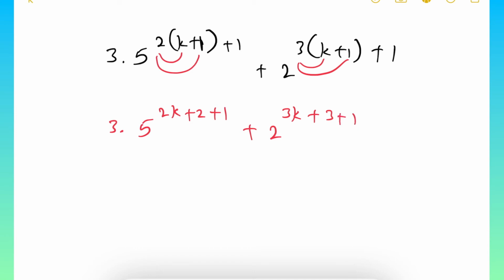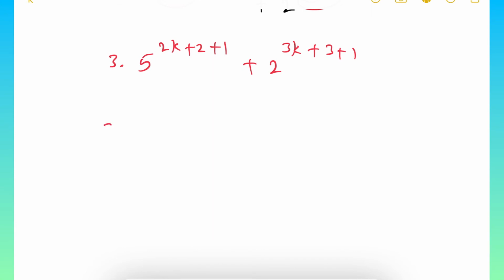Okay, let us simplify still further. 3 into 5 power 2k plus 2 plus 1, it is plus 3, plus 2 power 3k plus 3 plus 1, plus 4. So this is what exactly we need to show.